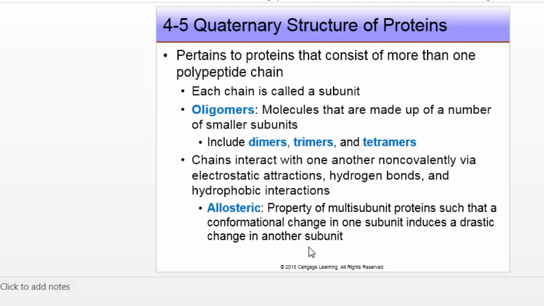Both hemoglobin and myoglobin bind oxygen reversibly, but the binding of oxygen to hemoglobin exhibits positive cooperativity. What does this mean? Whereas oxygen binding to myoglobin does not. It means binding of one oxygen facilitates binding of the other oxygen to the protein.